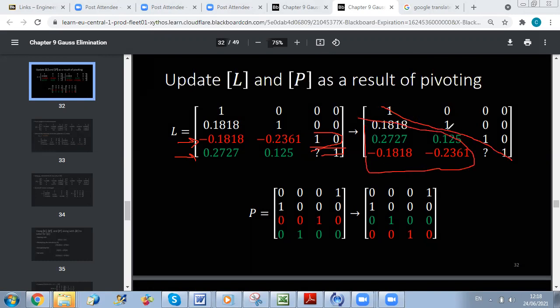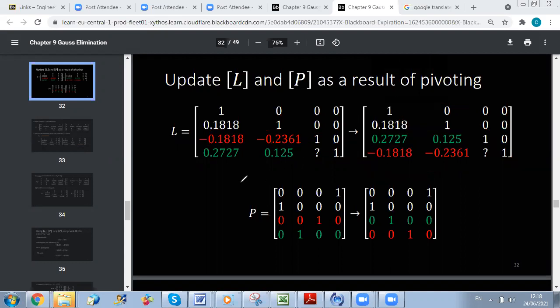The upper part will remain as it is, with ones on the diagonal and zeros in the upper part. I will just pivot the elements in the lower part. Since you want to pivot rows 3 and 4, the elements that were here, the elements in red, go below, and the elements in green go into the third row. Okay. Yes, okay, Doctor.